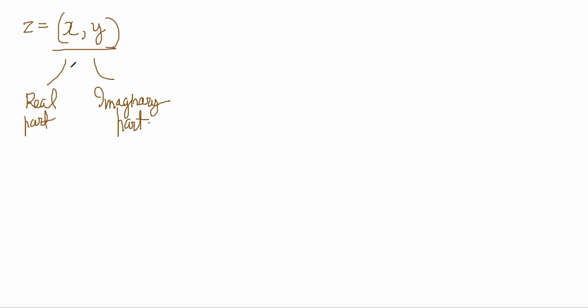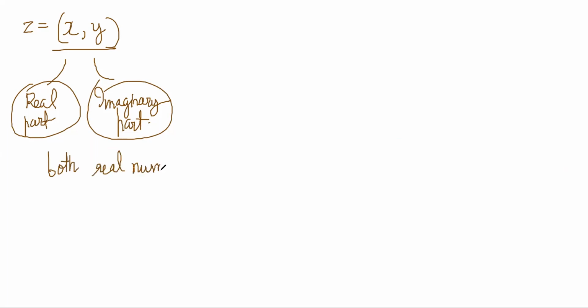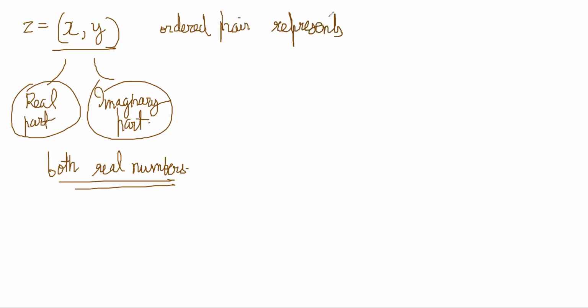So this real part and this imaginary part of a complex number are both going to be real numbers. But together, the whole ordered pair represents a point in 2D space.